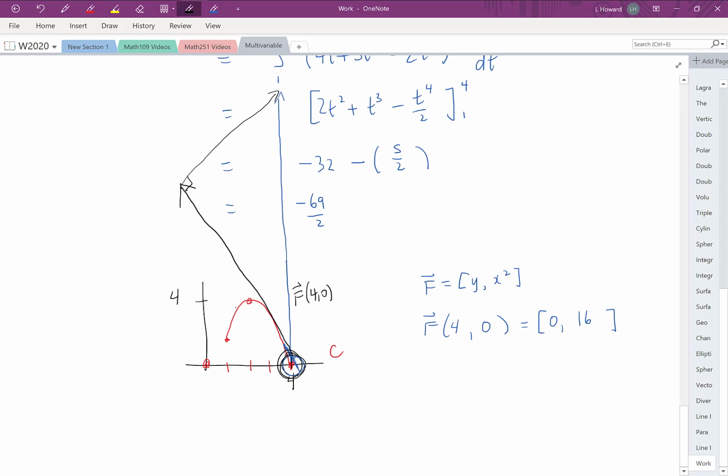At some other points, you may get forces that are acting along the curve. Let's try one other point to illustrate. We know (2, 4) is on our curve. If x is equal to 2 and y is equal to 4, we get (4, 4). That sounds a bit more reasonable. At this point, our force vector looks maybe something like that.